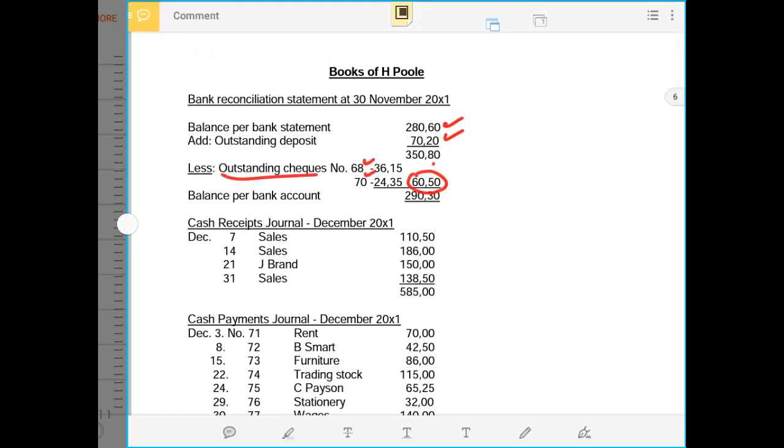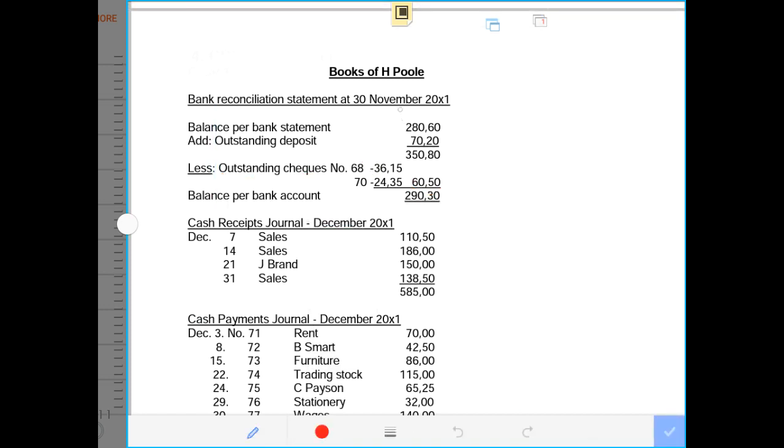Also please be mindful of the fact that in a bank reconciliation statement there is a column, though it's not clearly stipulated. There's normally a line that goes like this and also like this. Here is the debit side and here is the credit side. Sometimes some examiners don't show the line between the two, but there is a debit side and also a credit side.